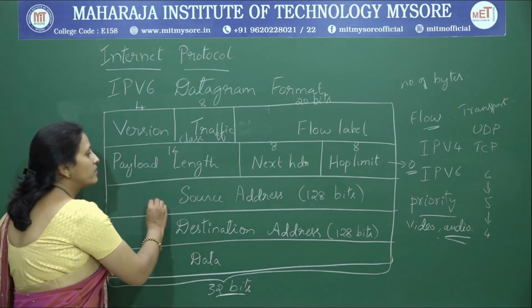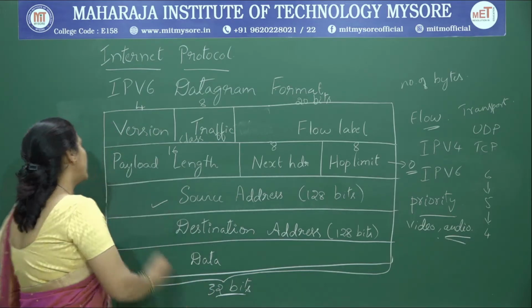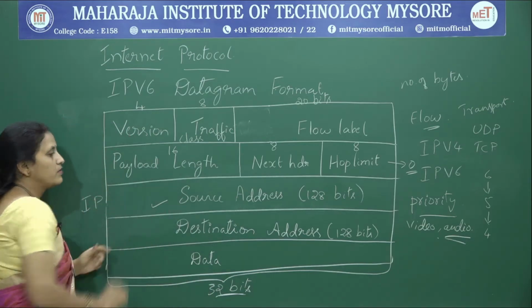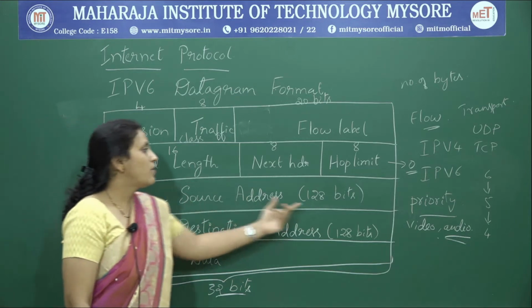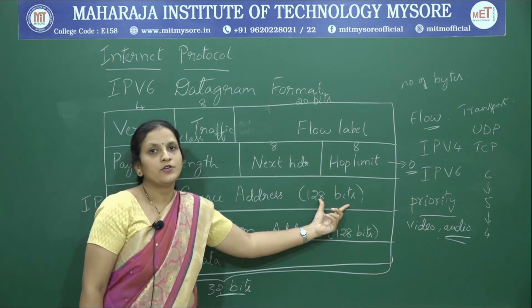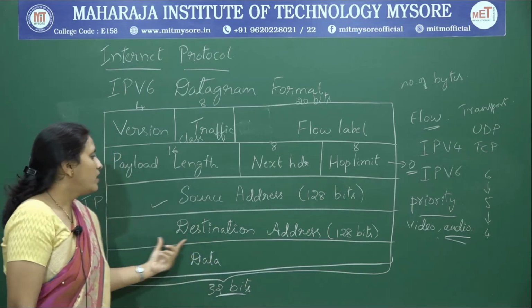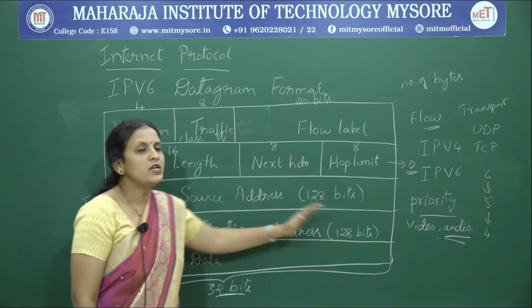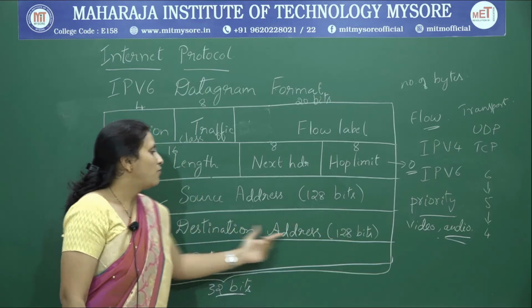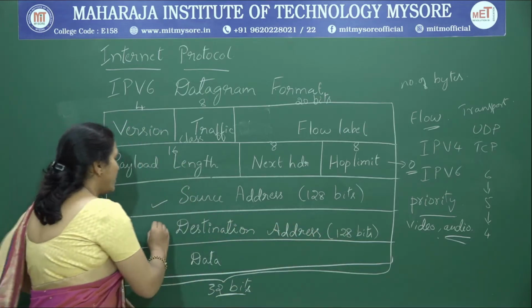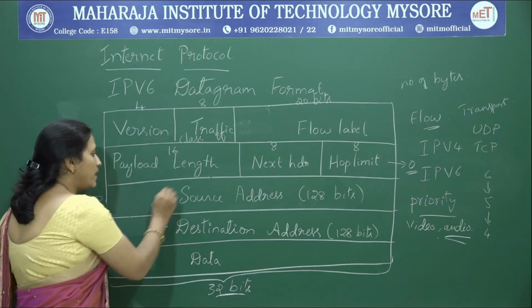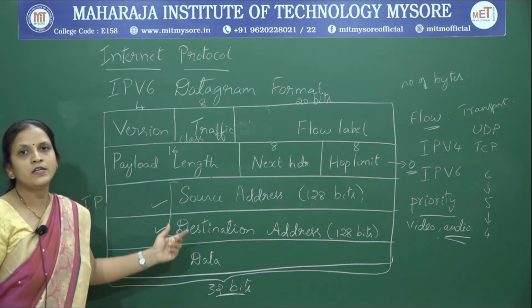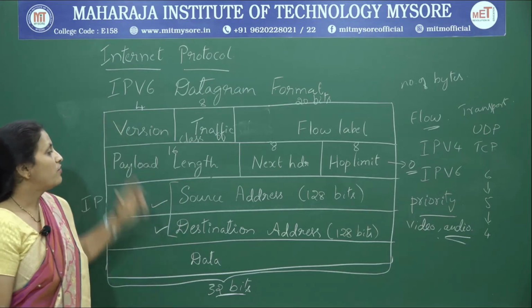The next field is source address, which represents the IP address of the source, which is 128 bits in length. Similarly, the destination address to which this particular datagram has to be delivered is also 128 bits in length. This is the major change included in IPv6.